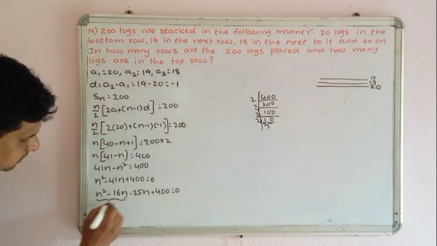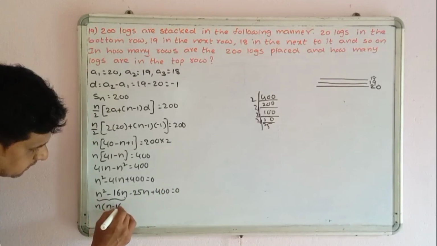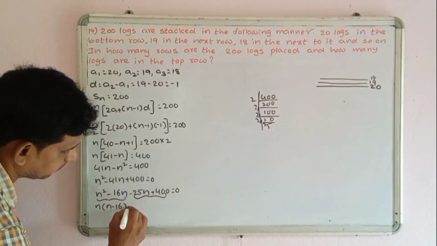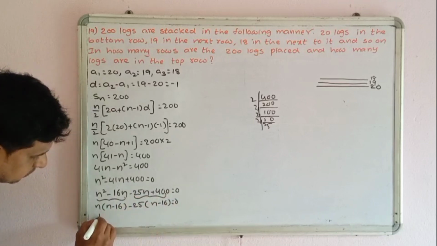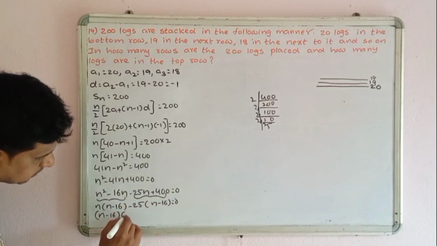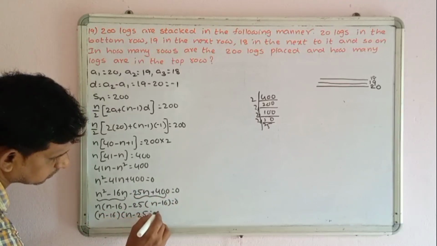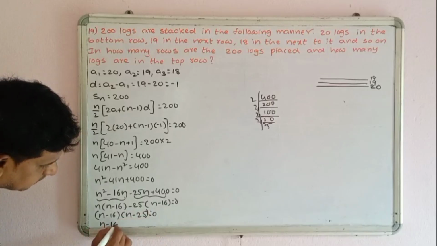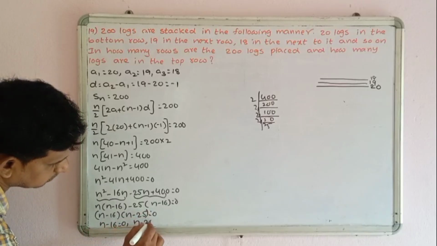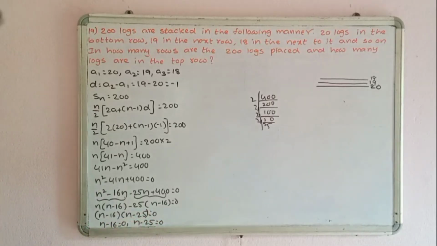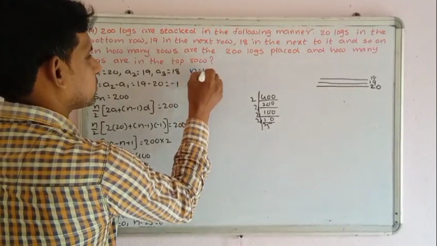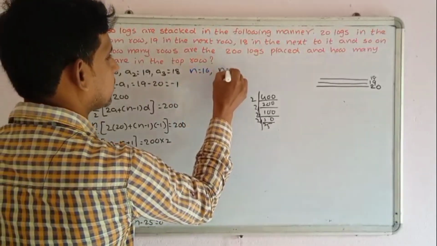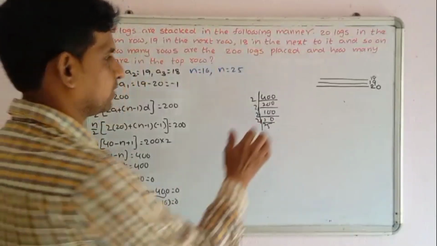From the first two terms, n is common, so n into n minus 16. From the other two terms, minus 25 is common, into n minus 16, equals 0. So n minus 16 is the common term, n minus 25 equals 0. Therefore n minus 16 equals 0 means n equals 16, and n equals 25. See next.